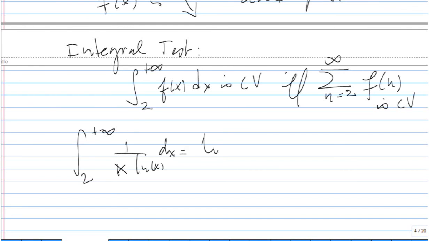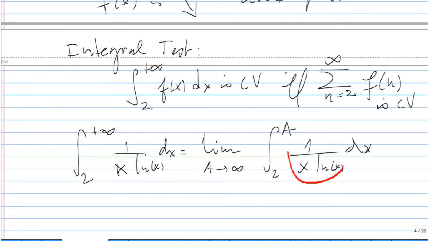That's the limit, using the definition, of the integral from 2 to a of 1 over x ln x dx. Here we need an antiderivative of 1 over x ln x, and we take the substitution u equals ln x, and we will find that this is equal to ln of ln x plus c.